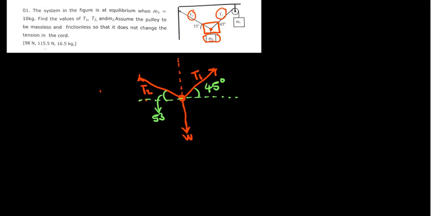Now let's look at this situation in terms of components. We can look at this tension which is going this side in terms of its components. We are looking at tension 1. Let me use a different color.